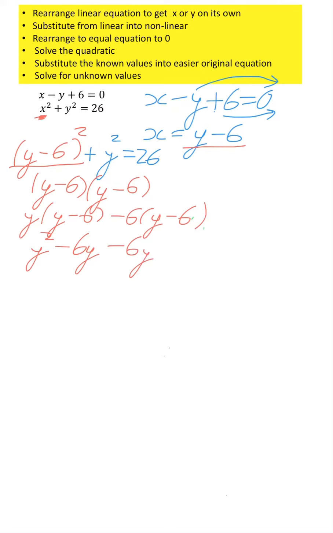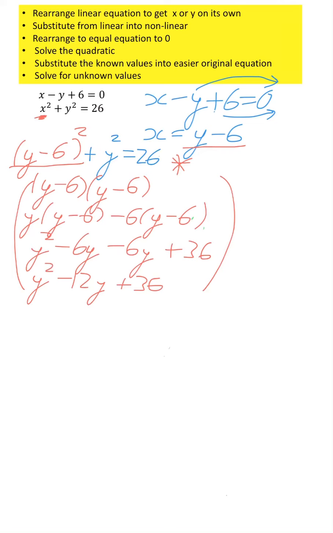And minus 6 times minus 6 is plus 36. Let's simplify now. So we'll have y squared minus 12y plus 36. Okay, so that's just the expansion of y minus 6 squared.